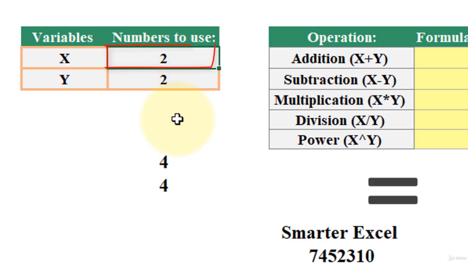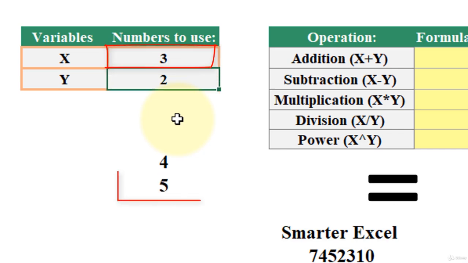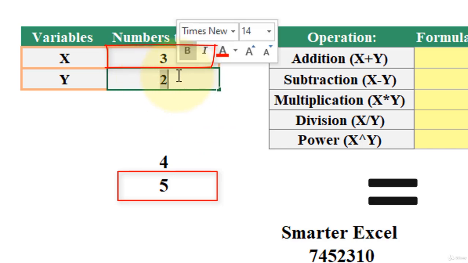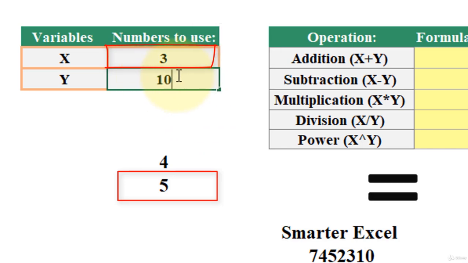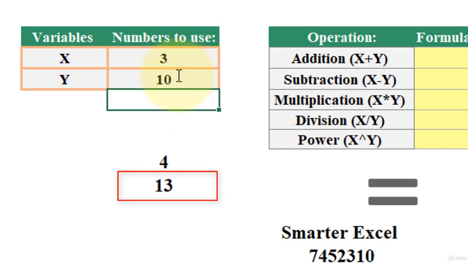So if you change this reference to 3, the final result will be 5, okay? And so on. If you change the second reference to be 10, the final result will be 13. This is the key difference between cell reference and constant, okay?